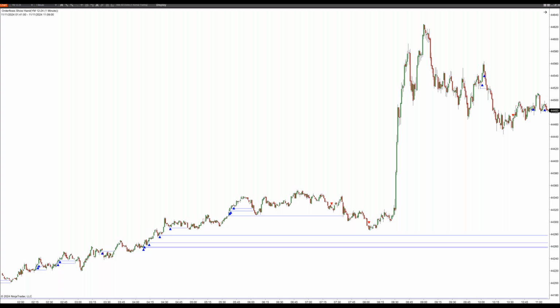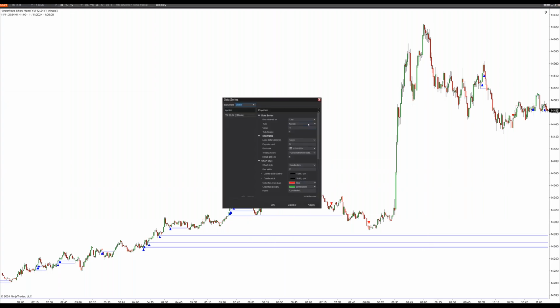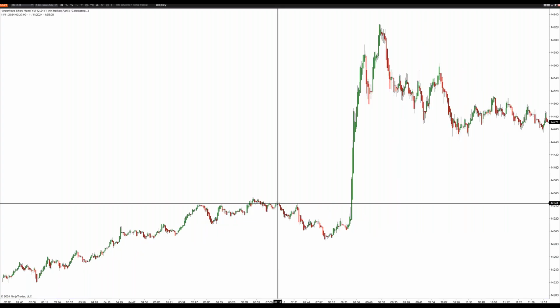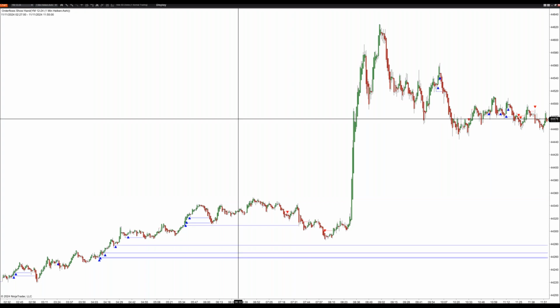Question here: will it work on Renko charts? Well, depending on the Renko charts you're using, if you're using the native ones on NinjaTrader, it won't, because you need tick replay, and it doesn't use tick replay. But if you're on a chart like, say, Heikin-Ashi, that uses tick replay, you can do it.